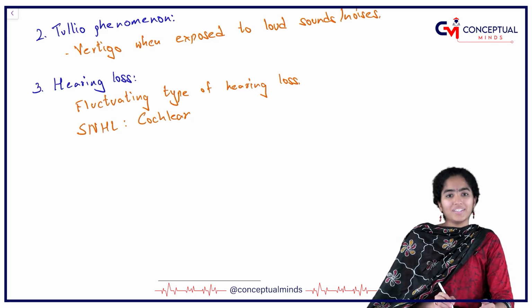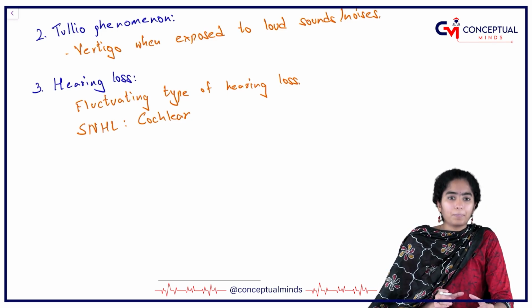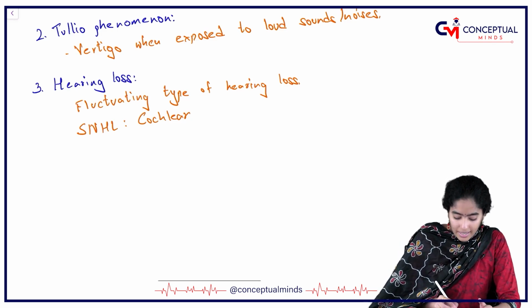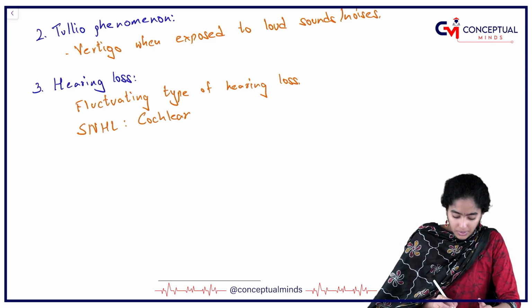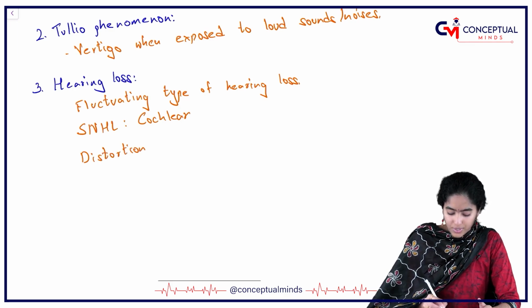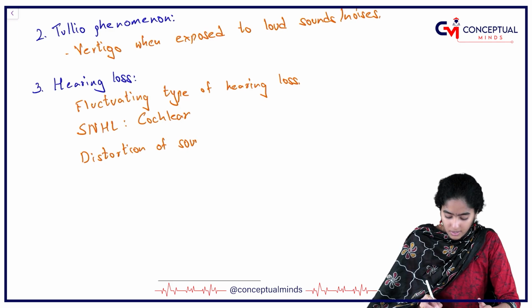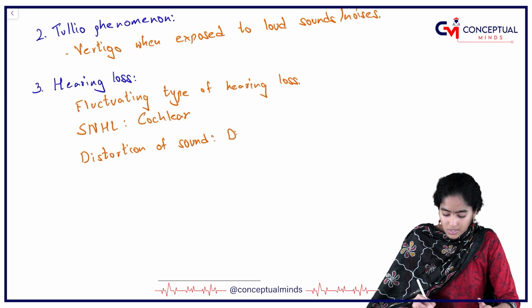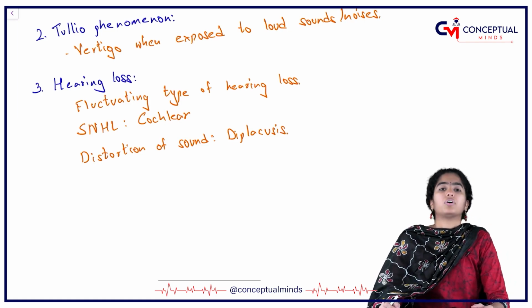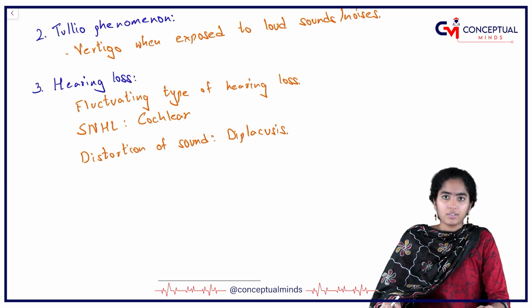And along with hearing loss, there are certain other complaints by the patients such as distortion of sound, also called as diplacusis. Does this remind you of diplopia in ophthalmology?